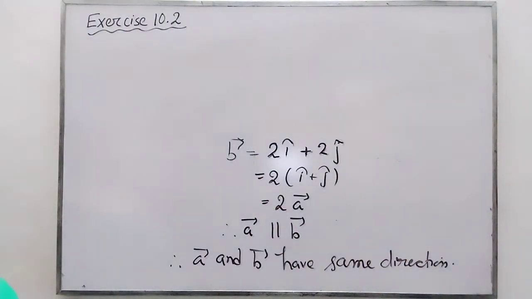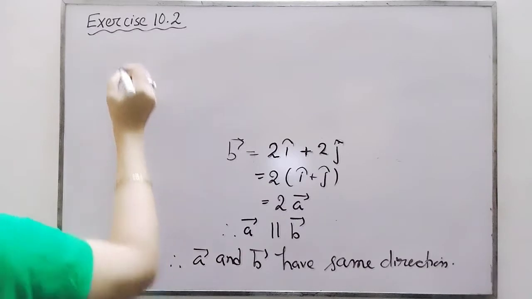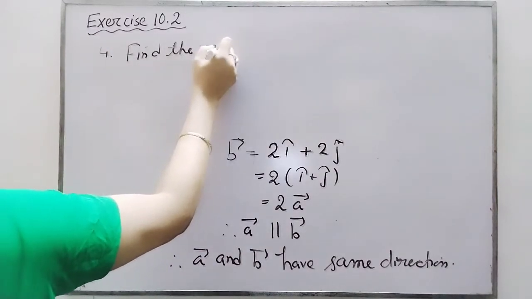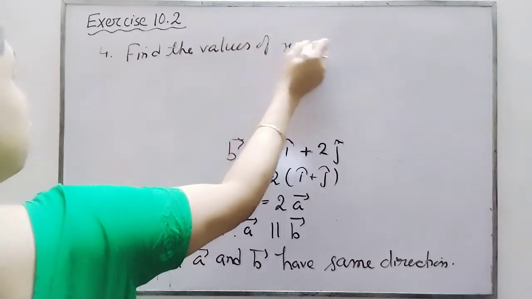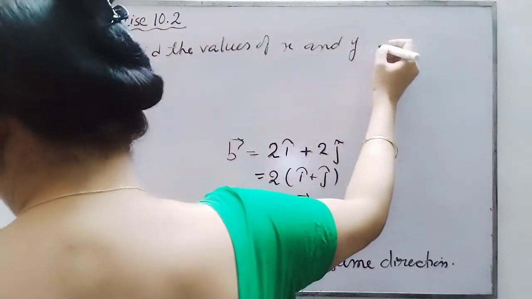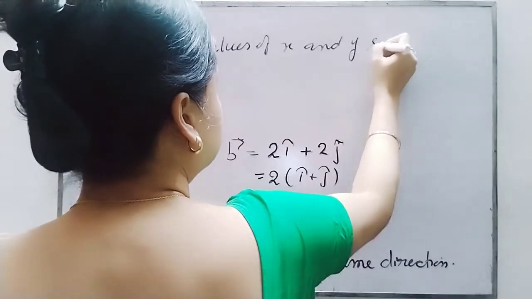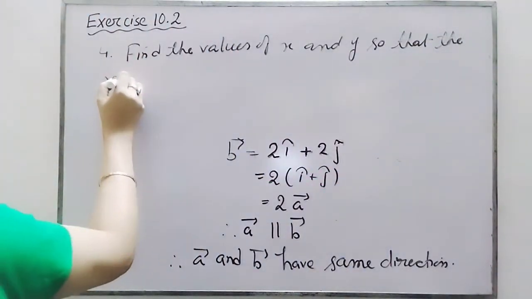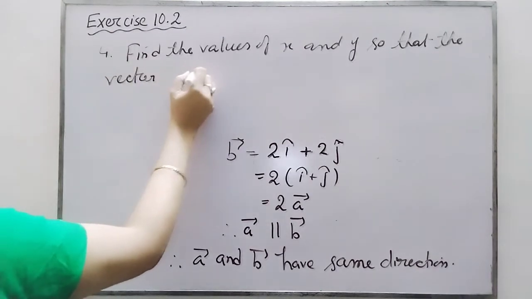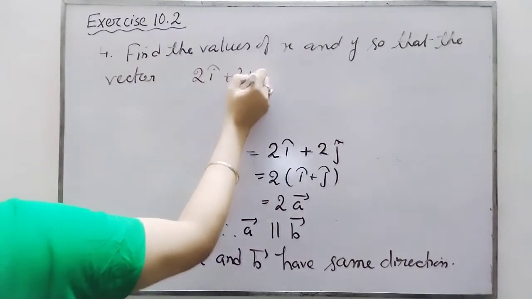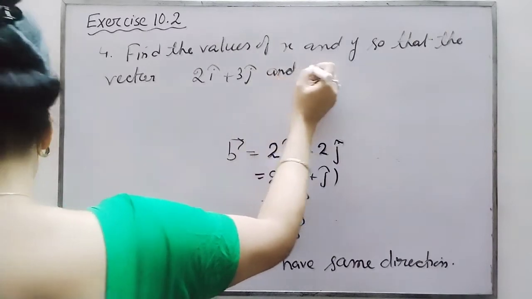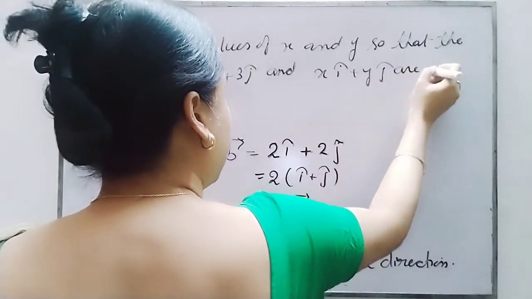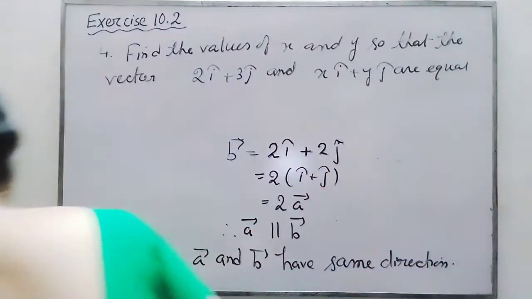Your question number 4 is find the values of x and y. Show that the vectors 2i cap plus 3j cap and xi cap plus yj cap are equal.